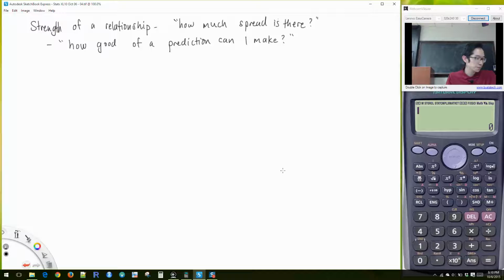Okay, so something that will have a strong relationship means there's little scatter or little spread.